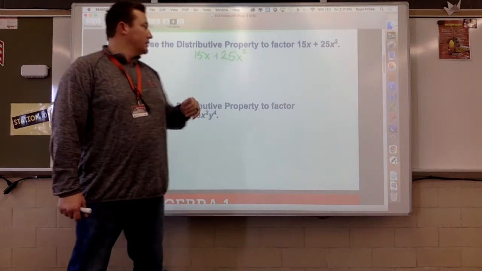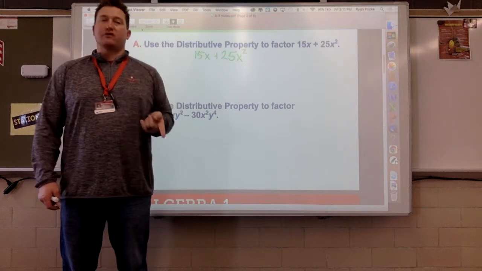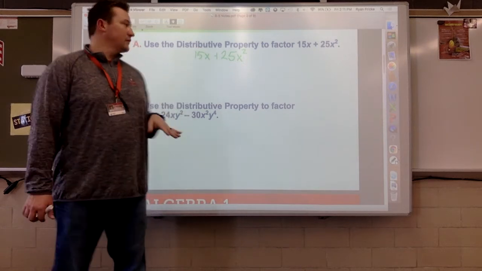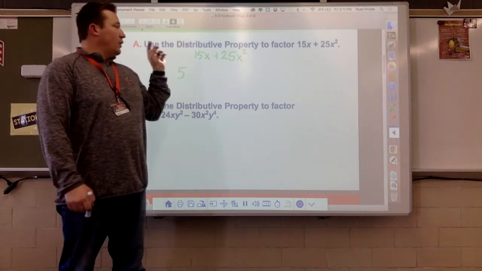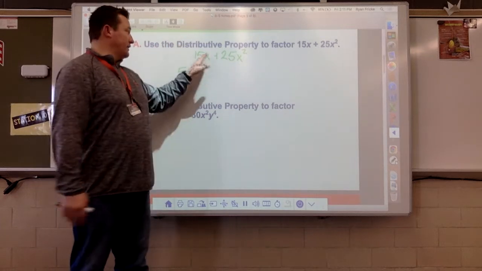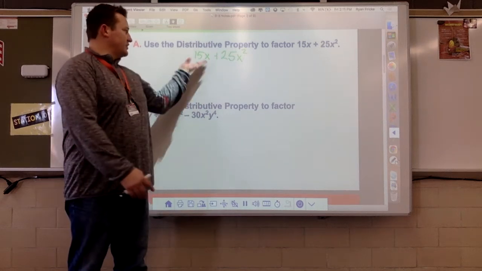What's the biggest number that goes into both 15 and 25? What's the biggest variable that could go into x and x squared? It's kind of a weird question, isn't it? It just happens to be x.